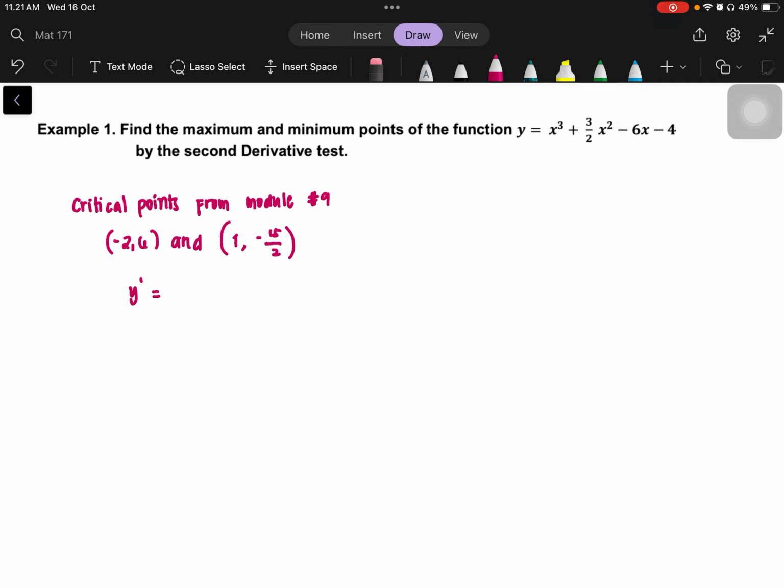Okay, yan yun. Okay. And then, di ba ang nakuha natin doon na y prime is equal to 3x squared plus x minus 2. Ayun.